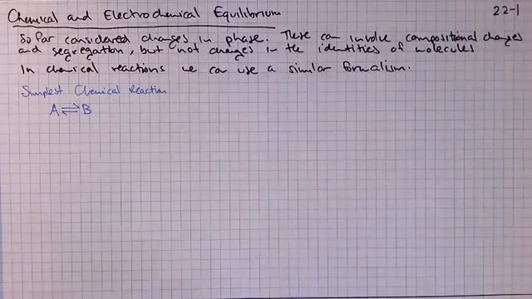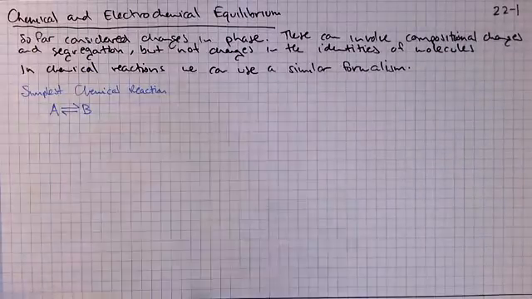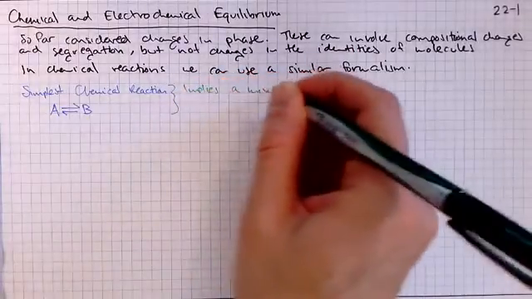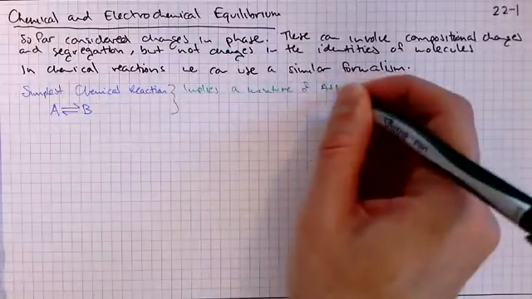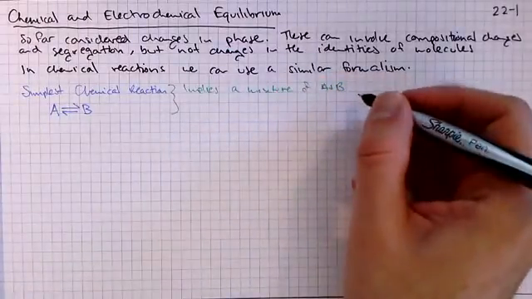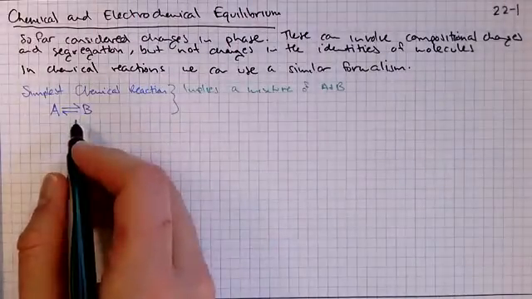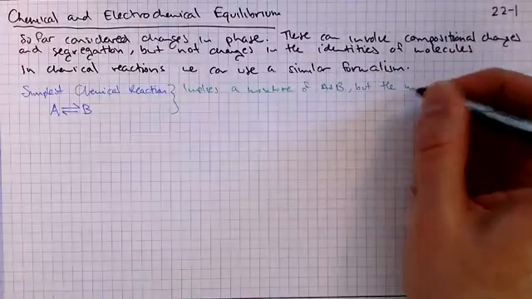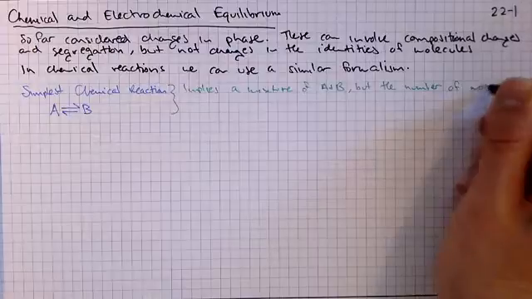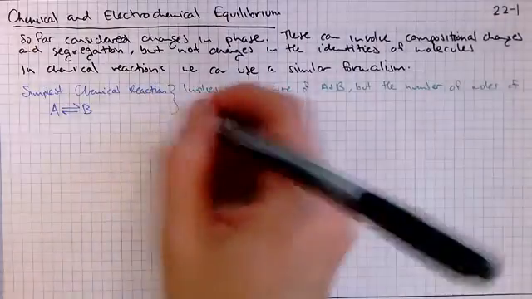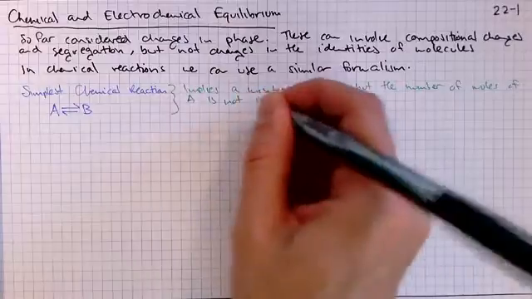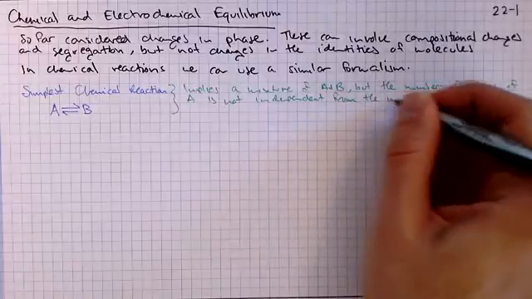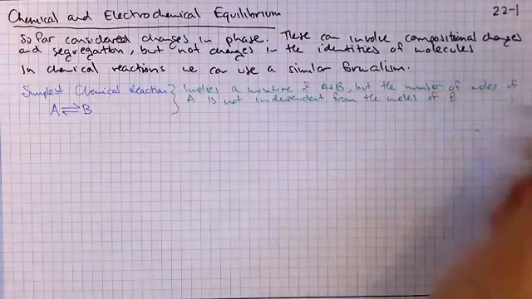This implies that we have a mixture of A and B, but because they're interrelated through this chemical formula, the number of moles of A is not independent from the moles of B, right?